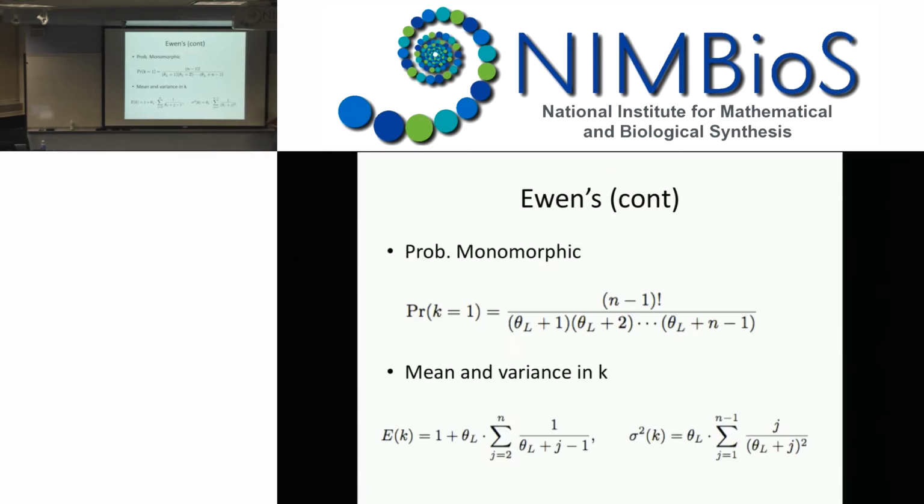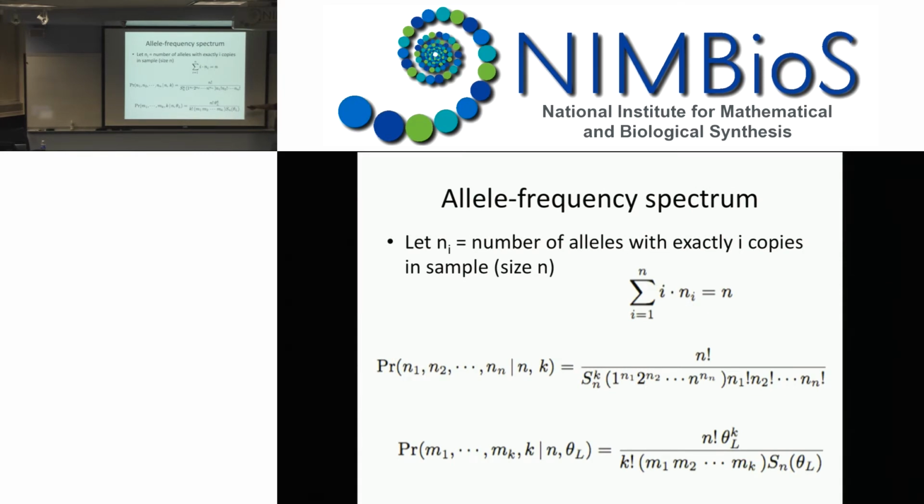But Warren went a step further and noted that if you condition on, so this is the number of alleles present as 1 copy, number present as 2 copies, number present as n copies. If you condition on the number of DNA sequences and the number of alleles you see, theta goes away. So K is what's called a sufficient statistic.